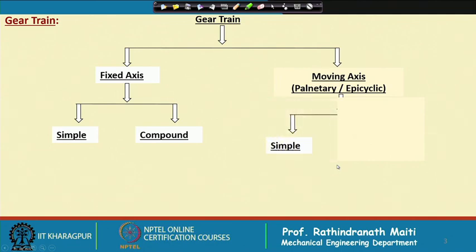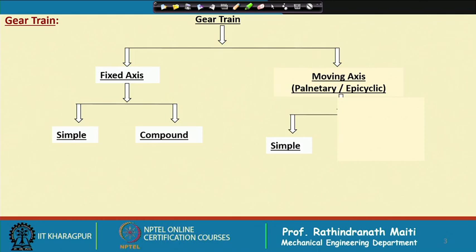In that case, again it might be simple gear train, but in this case there will be a sun which is usually driver, and there will be a driven gear which may be internal or external.